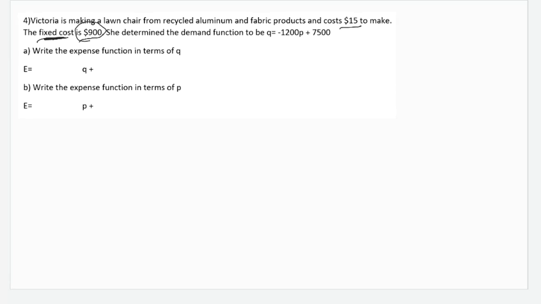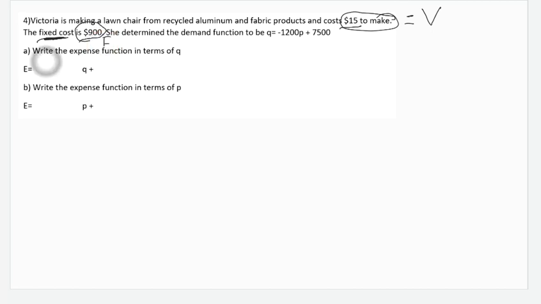It says write the expense function in terms of Q. So the cost to make is our variable cost, and our fixed cost, so this is our F.